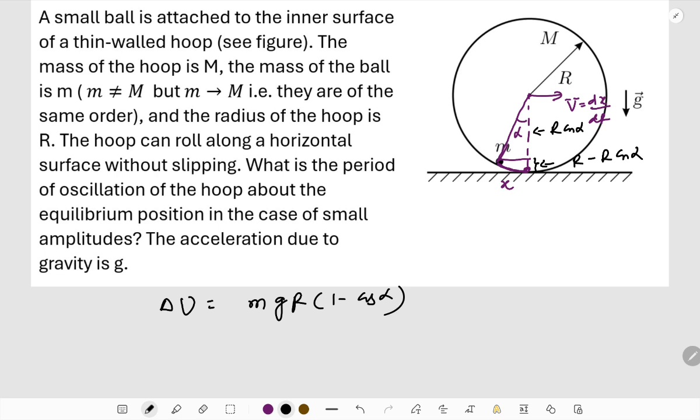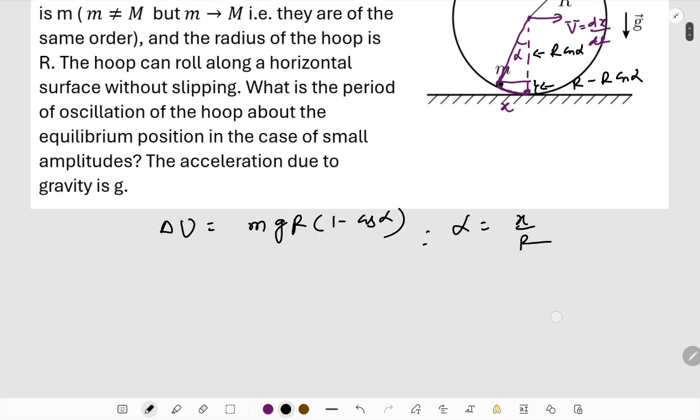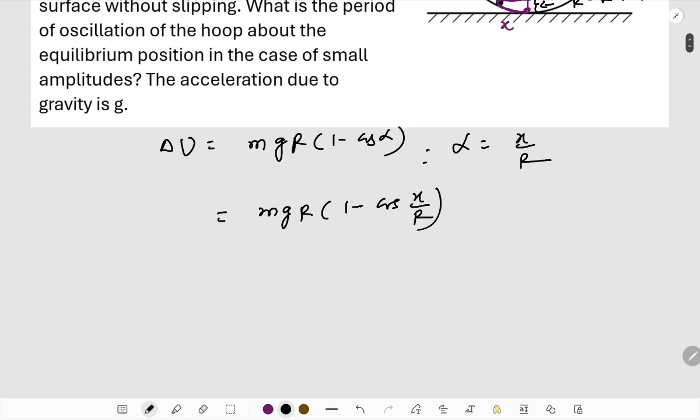And this alpha can be written as x by R, for whatever be the value of x. So the change in potential energy is mgR(1 minus cos(x/R)).